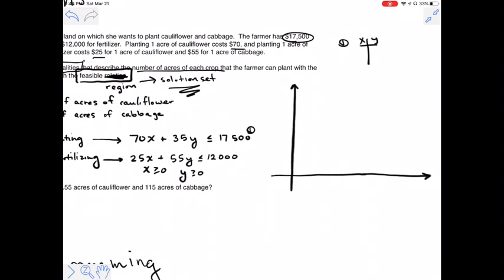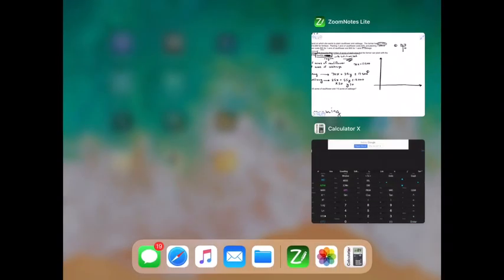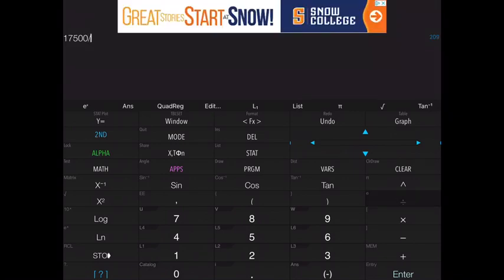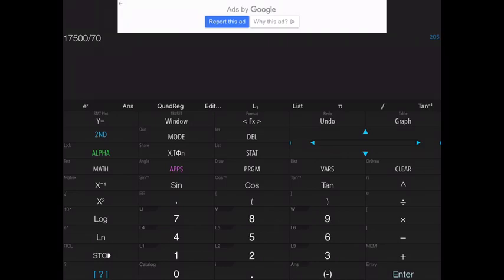So if I want to find the x intercept, I let y equals 0. Then I have 70x equals 17,500, and then divide by 70. So now we go to a calculator, 17,500 divided by 70 equals 250.